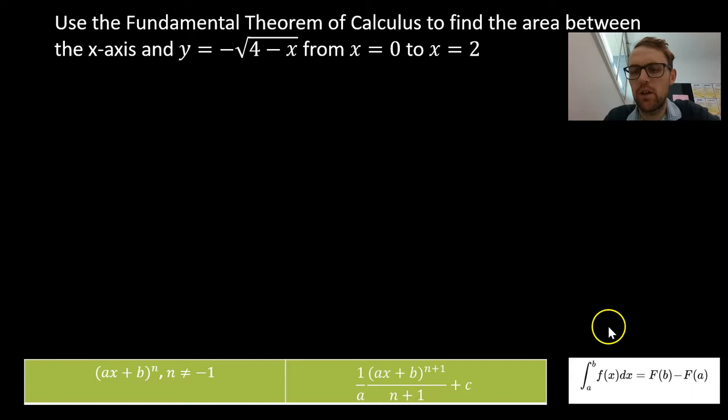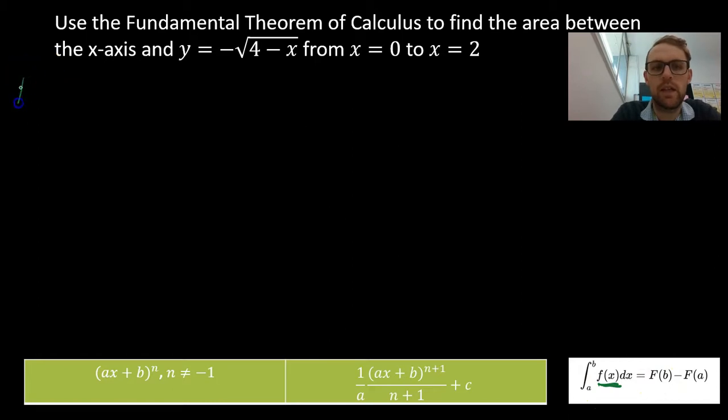So the first thing I want to do is, my fundamental theorem tells me I need to know the integral of this function. This function that we've got for y is basically this f of x. So I want to find the capital F of x.